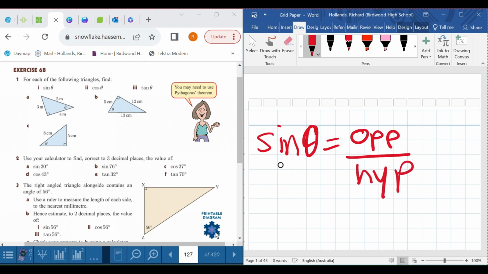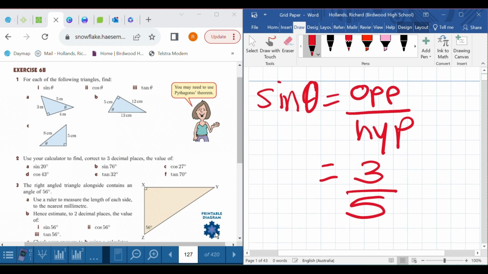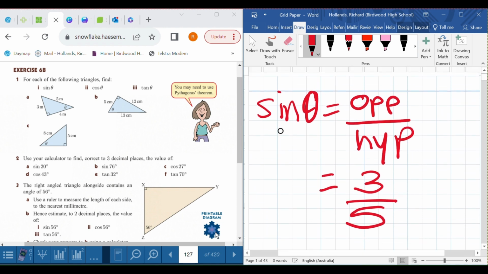Alright, so the opposite of beta is 3 and the hypotenuse is 5. And from that we know that is 0.6.